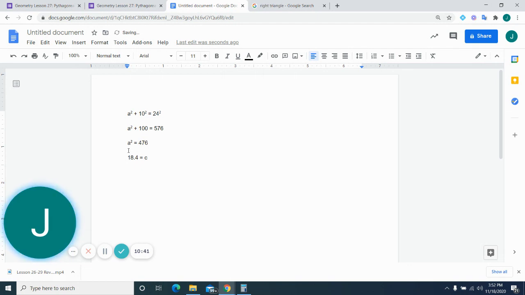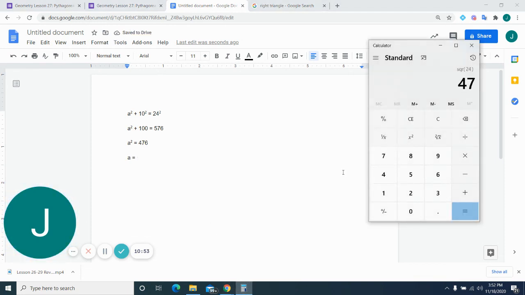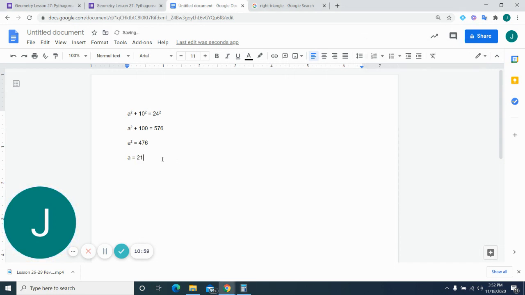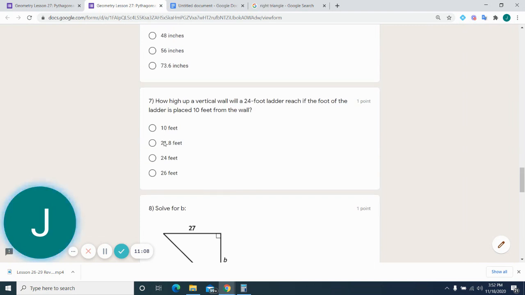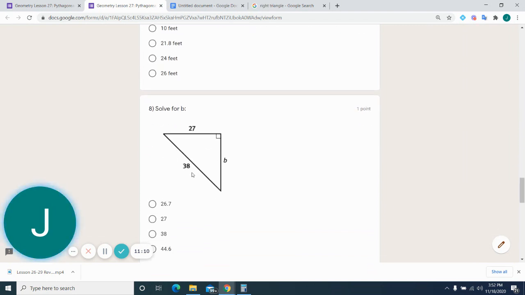So now for your final answer, do the square root of both sides. And we'll end up having A equals the square root of 476, and we get 21.8. Okay, right here, 21.8.